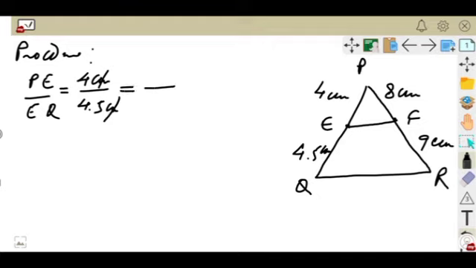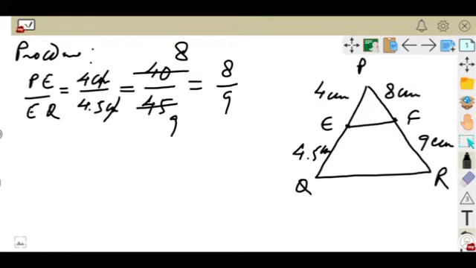So 4.5 into 10, we'll be getting 45. As I multiply 10 to 4.5, I need to multiply the same 10 to this 4. So we'll be getting 40. 5 nines are 45, 5 eights are 40. After this, we cannot cancel anymore. So I'm going to write here 8 by 9.